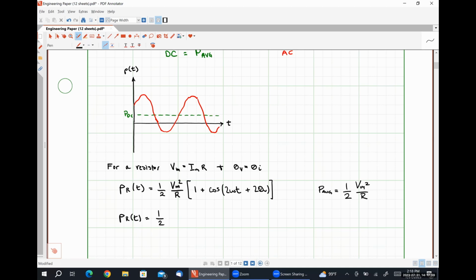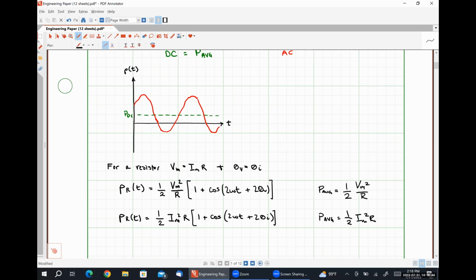So now we're going to express VM as IM times R, multiply that by IM, gives us IM squared R. Cosine of 0 is still 1, plus cosine twice omega T plus twice theta I. And again, our average power will now just be the DC portion of this relationship. So 1/2 IM squared times R.